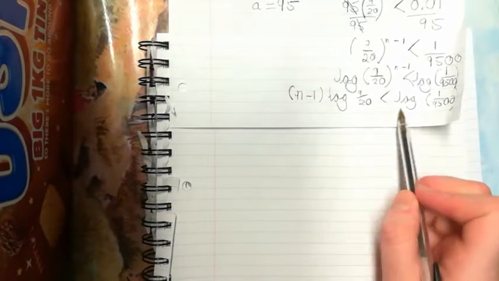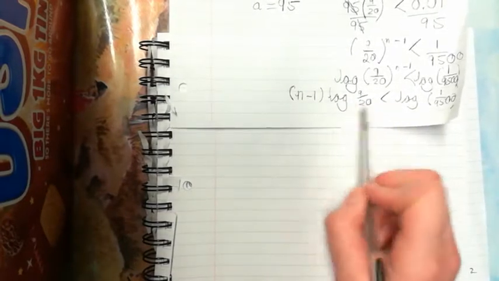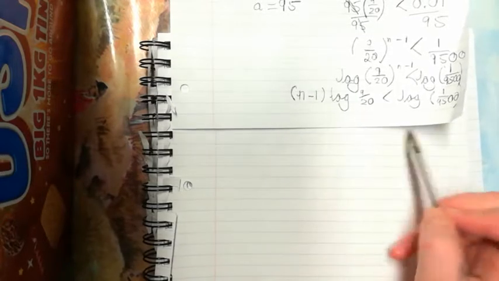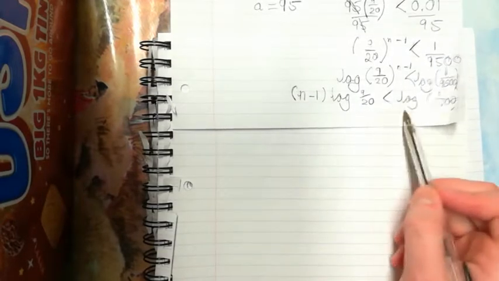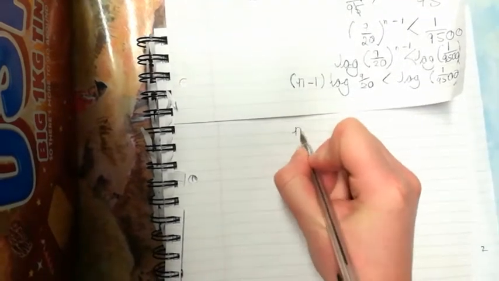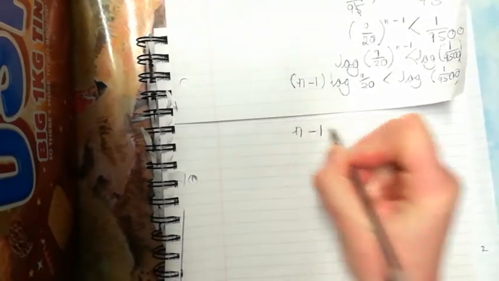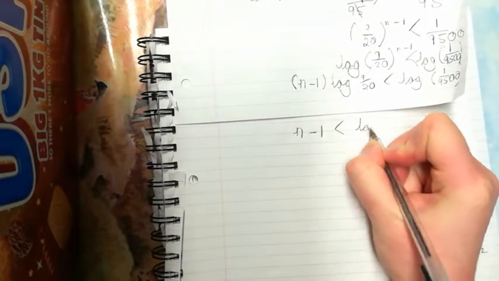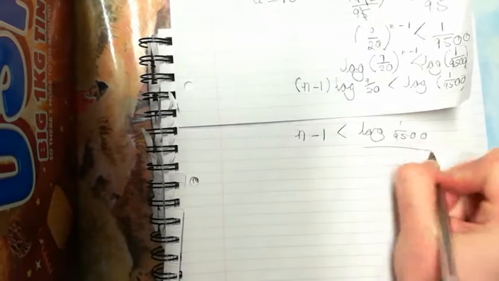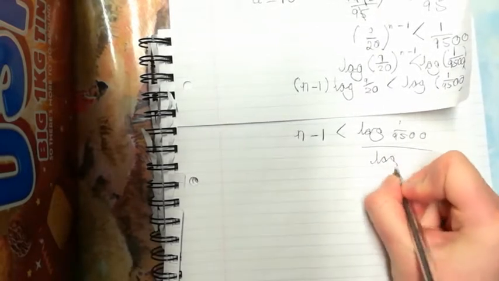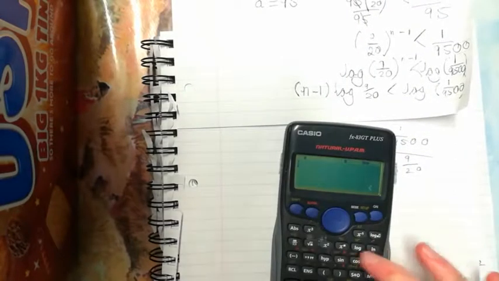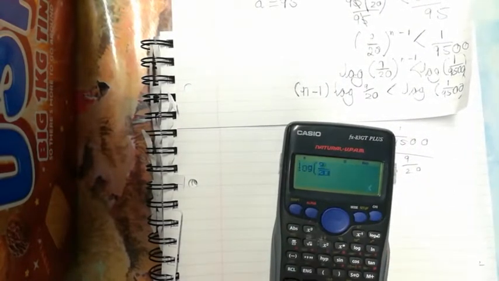I'm multiplying n minus 1 by log of 9 over 20, so if I divide by log of 9 over 20 on the opposite side, it'll be n minus 1 and then log of 1 over 9500 over log of 9 over 20. And I'm just going to plug that in.